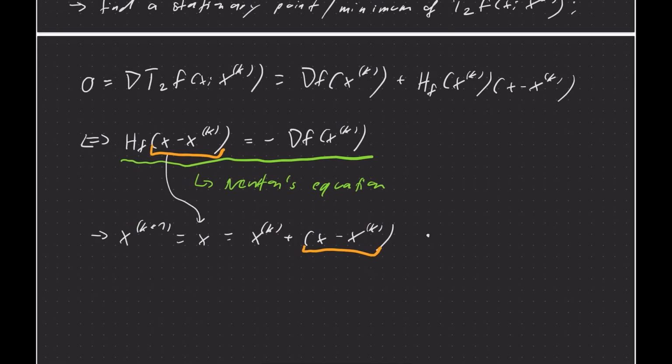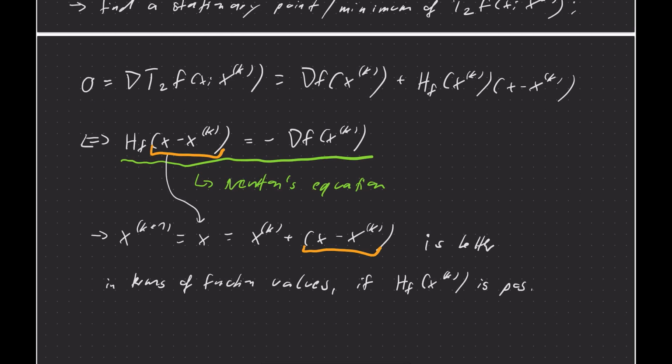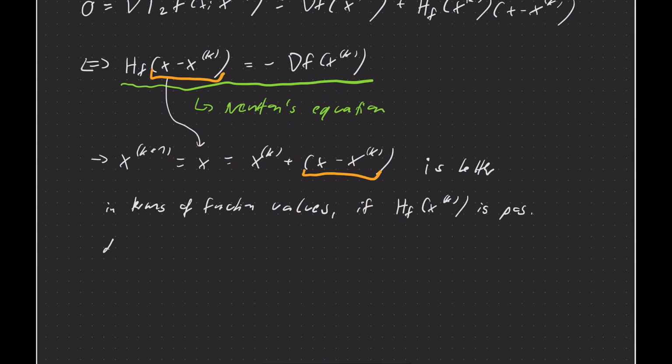And this is better in terms of function values. We would expect that to be better in terms of function values if this Hf of xk is positive definite for minimization.